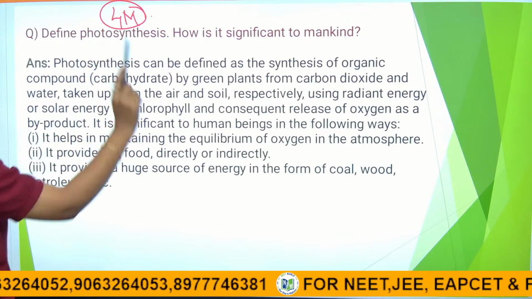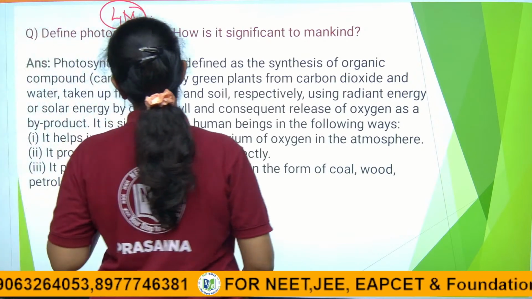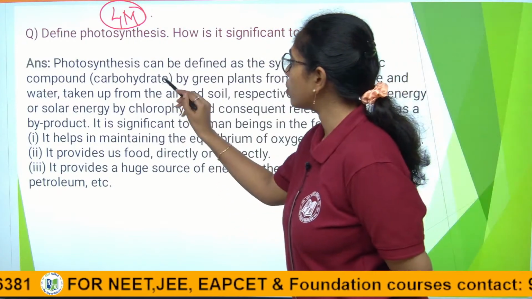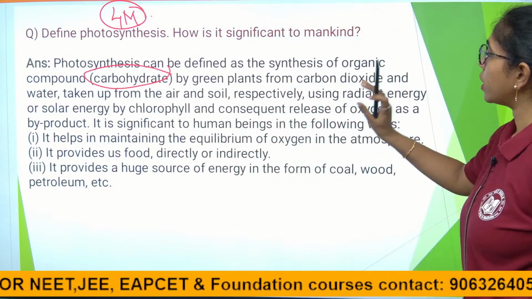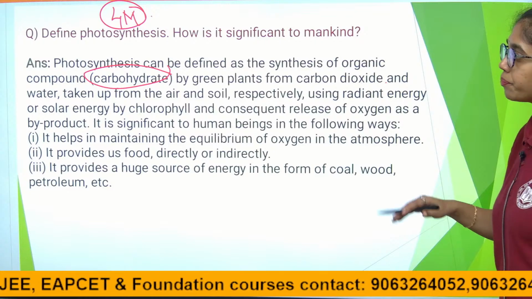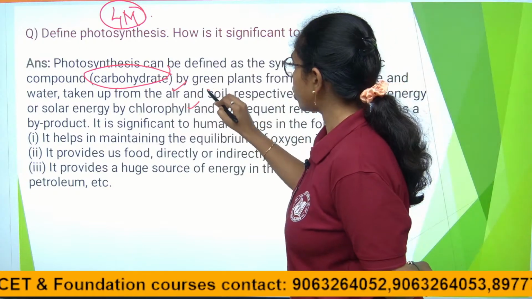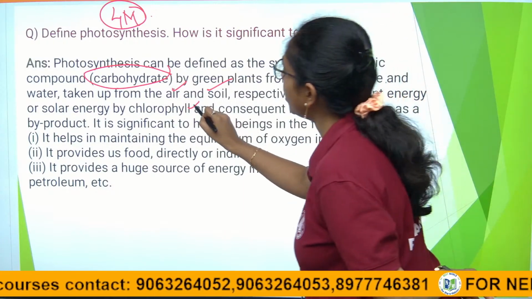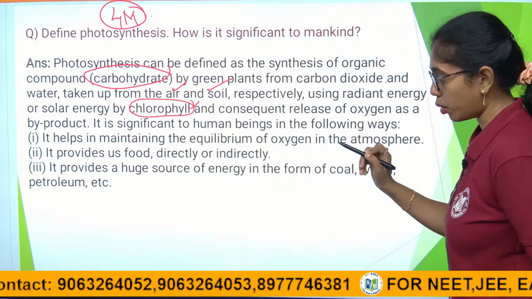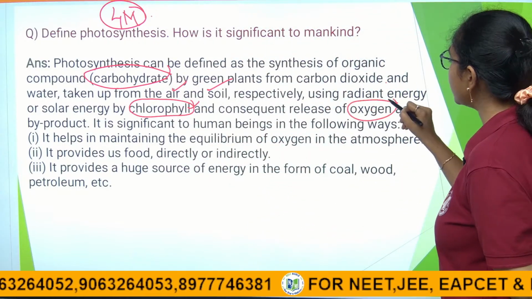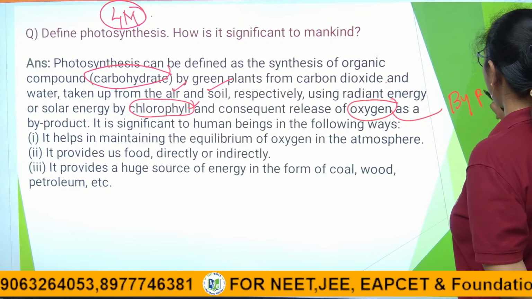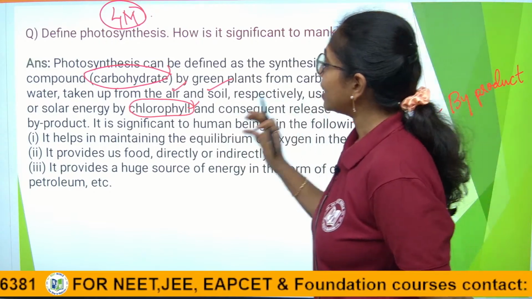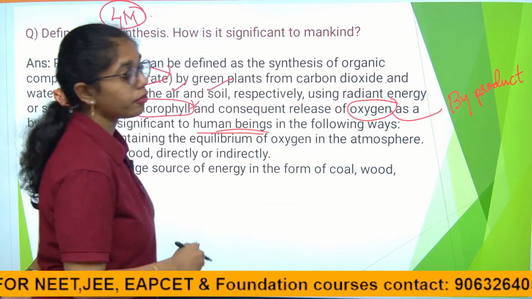Photosynthesis can be defined as synthesis of organic compounds, that is carbohydrates, by green plants from carbon dioxide and water taken up from air and soil respectively, using radiant or solar energy by the chlorophyll pigment present in the chloroplast, with consequent release of oxygen as a byproduct.